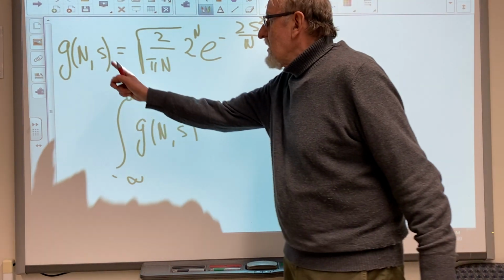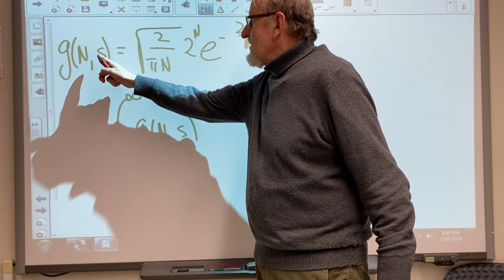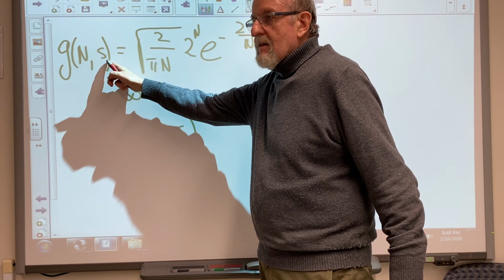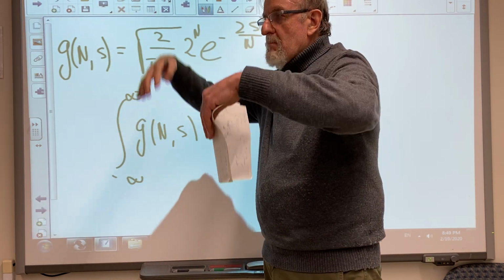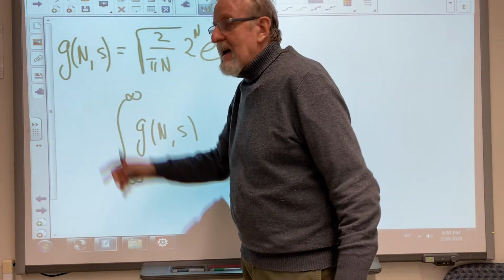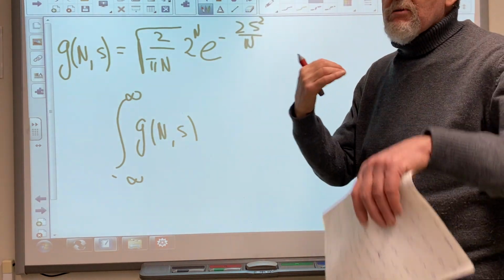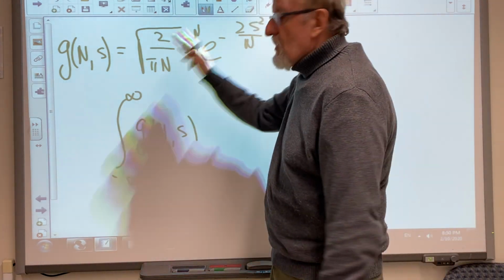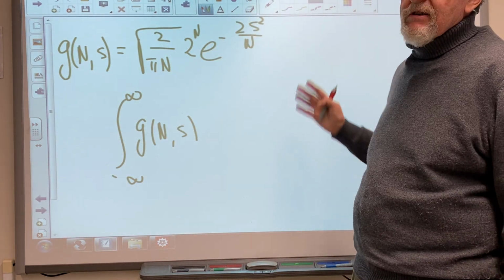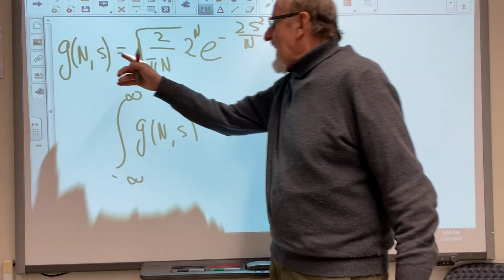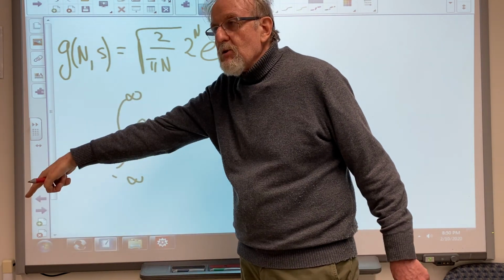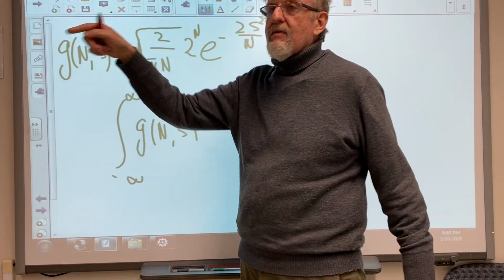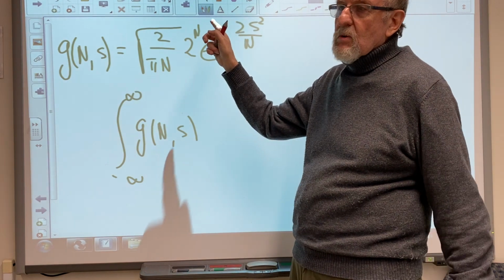This is the number of states associated with mismatch S. Remember, S is the number of spins up minus spin down, or that over 2, if you want. So if I sum over all S, I am summing over all states of the system. In reality, I need to sum from minus n over 2. Remember, S went from minus n over 2 to n over 2.